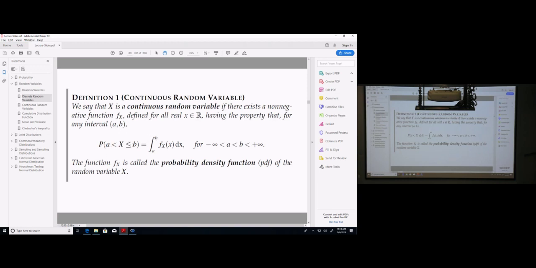The integrand is a special function, and that special function is what we call the probability density function of the random variable x.